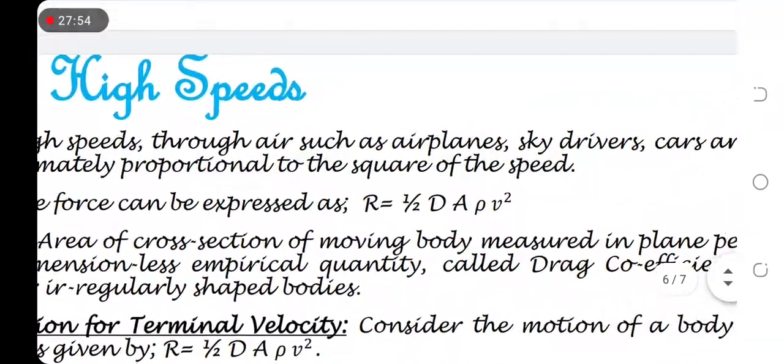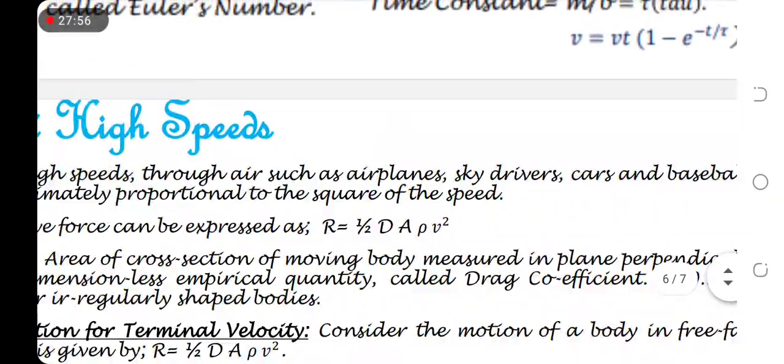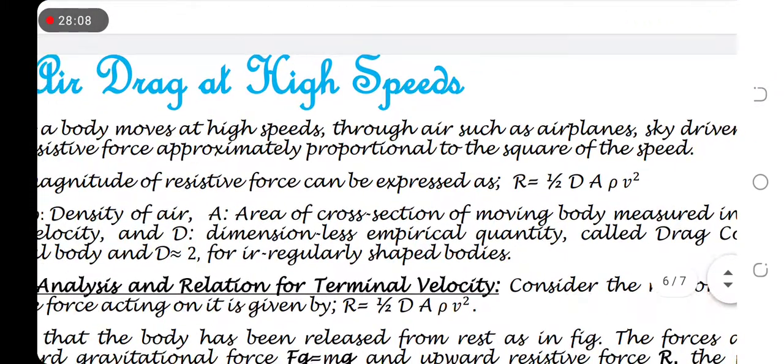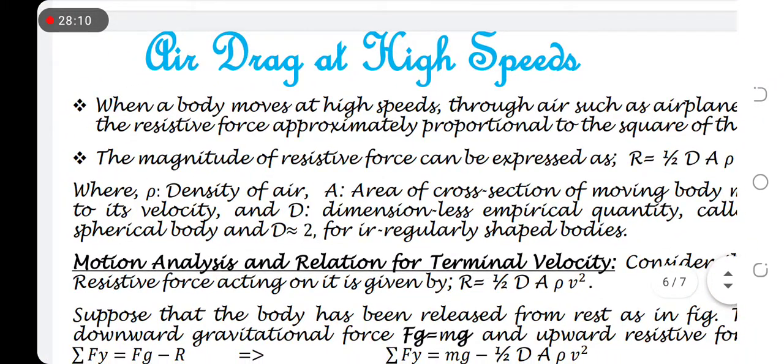Examples of this resistive force can be observed in airplanes, skydivers, skycars, baseballs, etc.